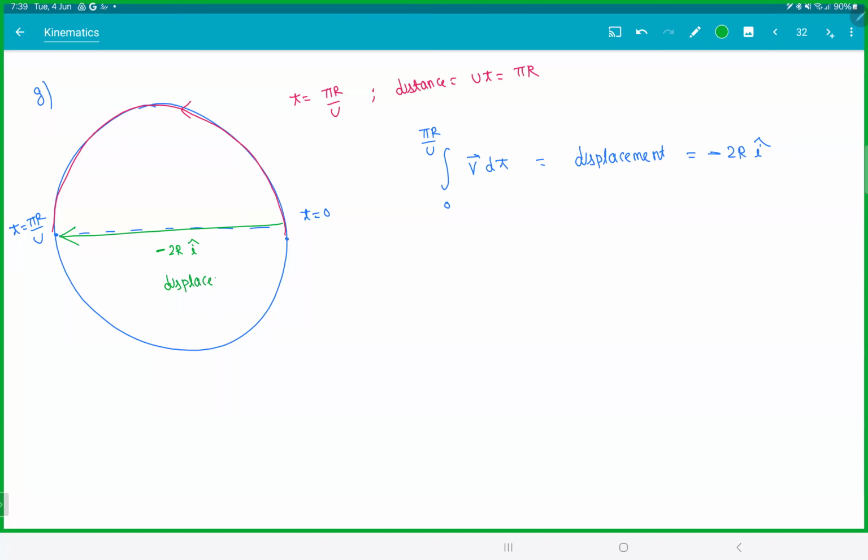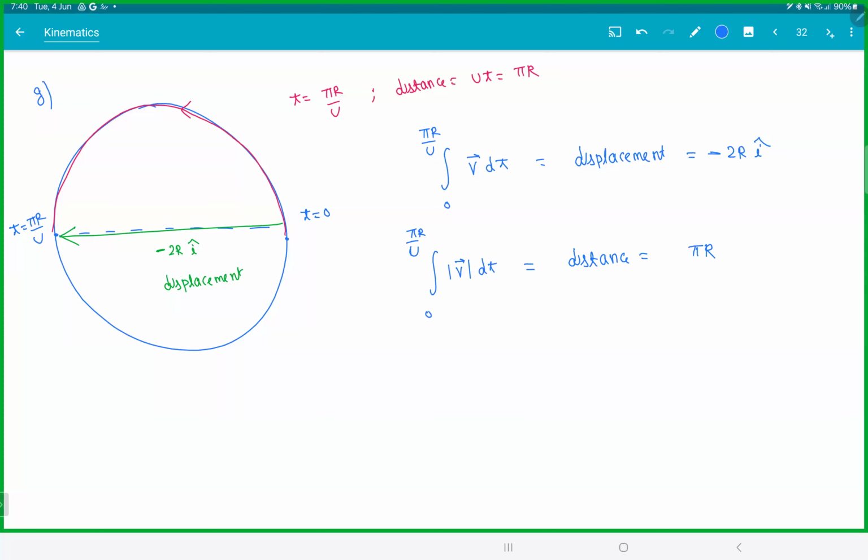Try to understand the meaning of it. Then when you say integral mod v dt, you're asking speed into time, so you're asking the distance traveled in this time. Distance is pi into r. Understood? So putting that mod will change the whole thing.